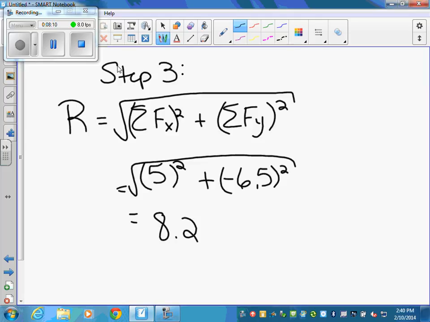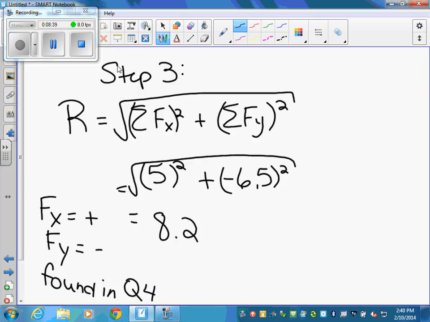Okay? Now, the other thing we need to look at is that fx is a positive number, and fy is a negative number. Okay? So remember, looking at this, fx is positive, fy is negative, and therefore it's found in quadrant 4.